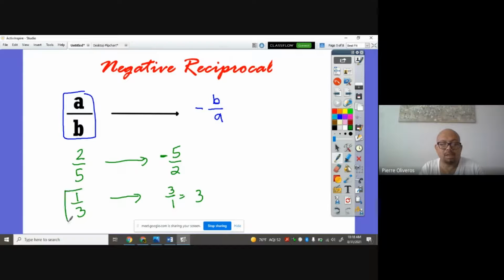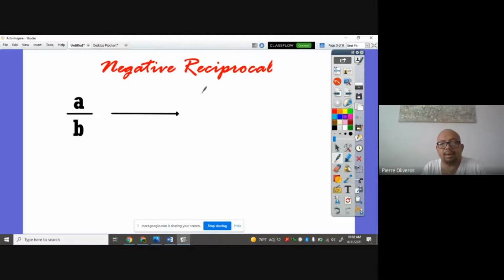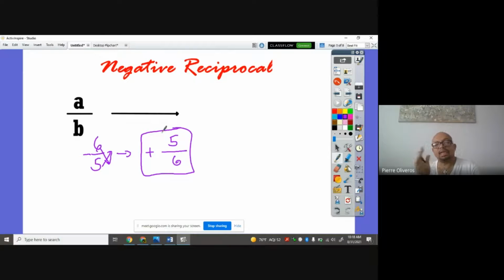But since that's positive, this will be negative. Okay, a few more. If I tell you, let's say, negative 6 over 5. Since that's negative, you know the negative reciprocal will be positive. The 5 will go up, the 6 will go down. There you go. That's the negative reciprocal of -6 over 5.